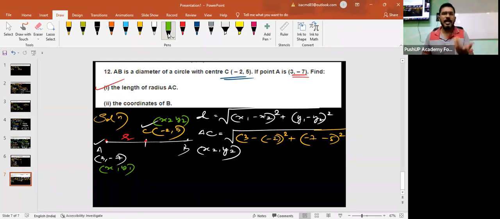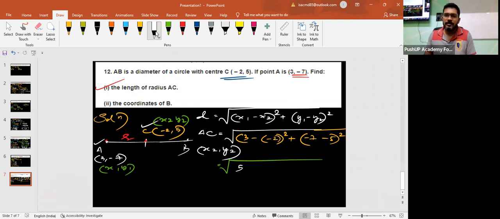So that I can easily relate: what are the coordinates of A, what are the coordinates of C, and then apply x1, x2, y1, y2 into the distance formula. Just for the time being. So this is equal to square root of, what is 3 minus minus 2? It is 5.